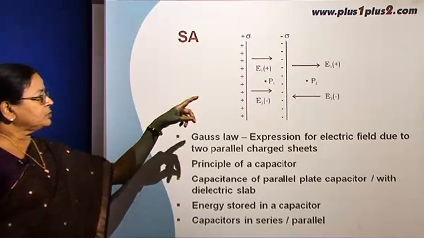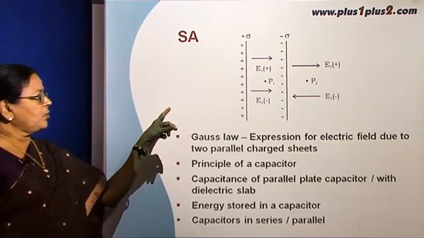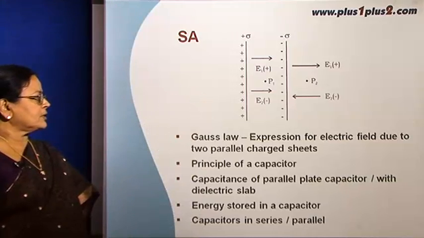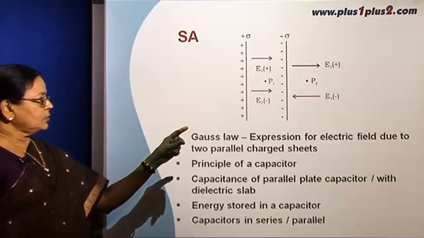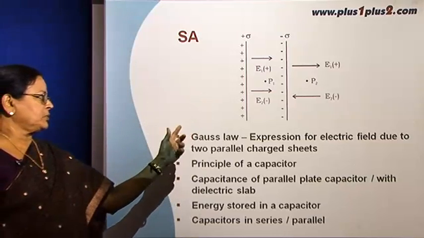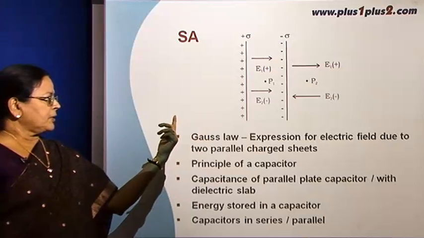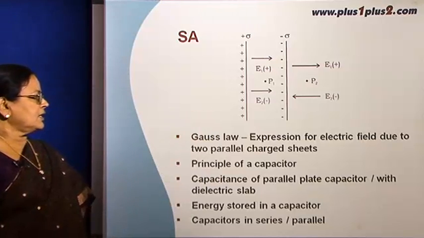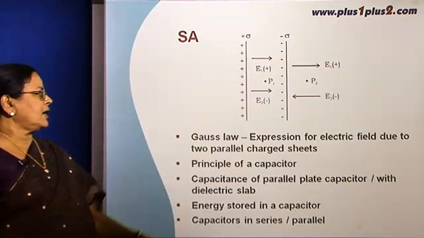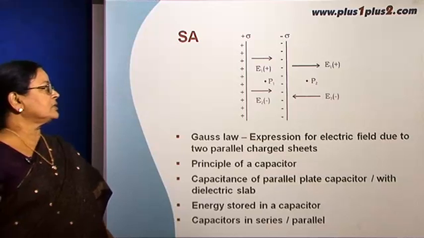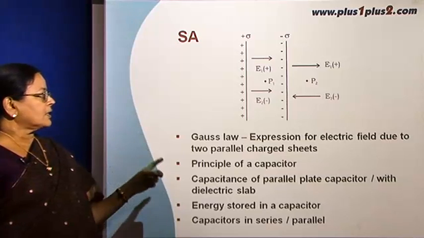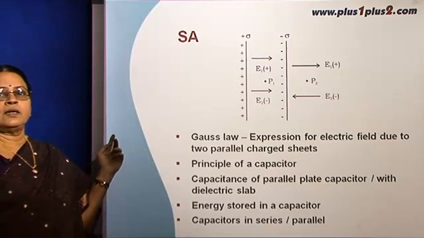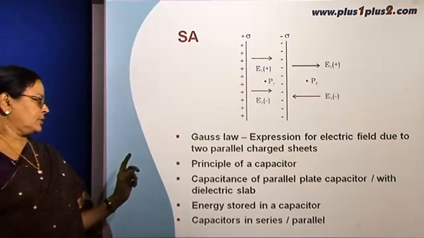Similarly, for the point P2 outside, we mark E1 due to the positive plate going to the right side because it is repulsion, and E2, the force due to the negative plate, towards the plate. Because both are equal and opposite, they will cancel each other, and inside they will add. So the key point in this is the diagram and the direction of forces, because the whole explanation is based on them.